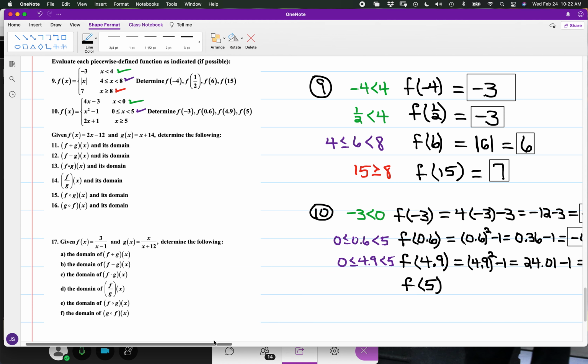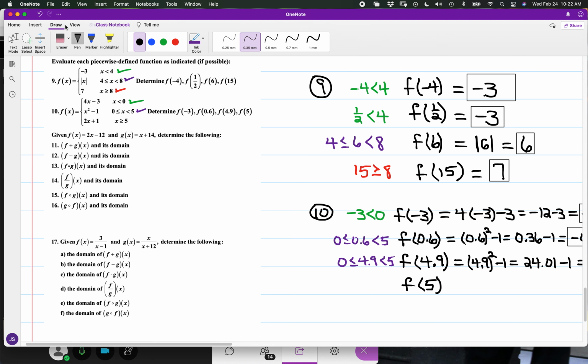And in the case of what we have for f of 5, okay, now 5 is not less than 0, and 5 cannot be less than itself, so that is not going to be in this particular inequality. Now 5 is not greater than itself, but it is equal to itself. So yeah, that 5 is greater than or equal to 5.